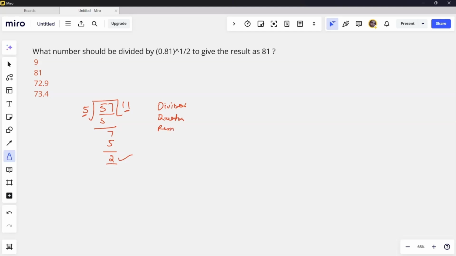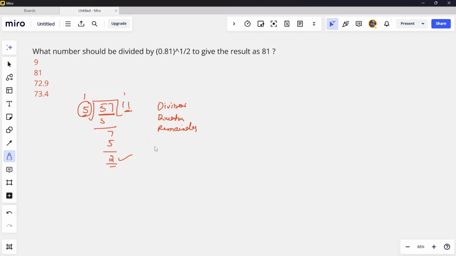Let me tell you the names. This is the divisor, this is the dividend, this is the quotient, and this is the remainder. Now I want to find the dividend by using the divisor, quotient and remainder. There is a formula.